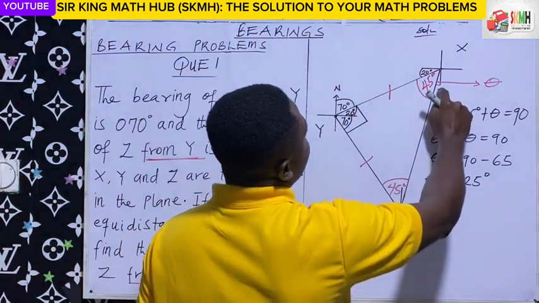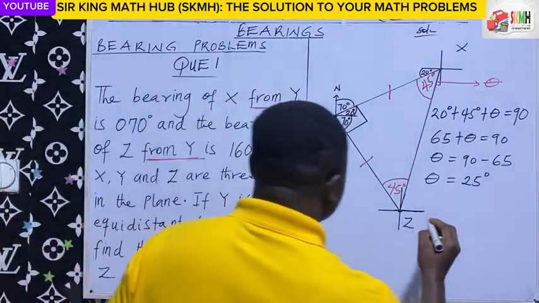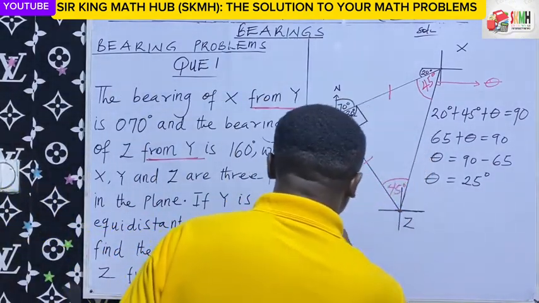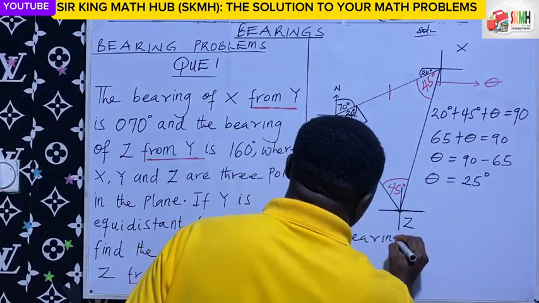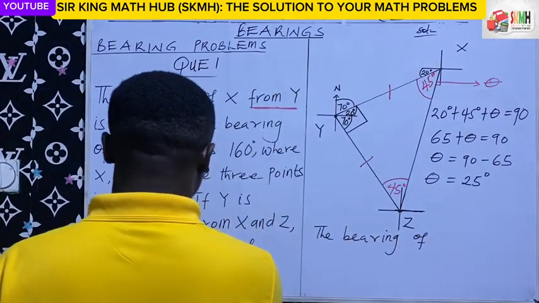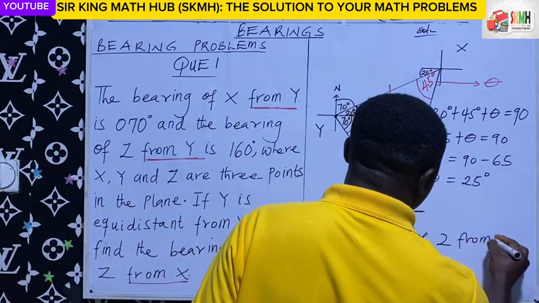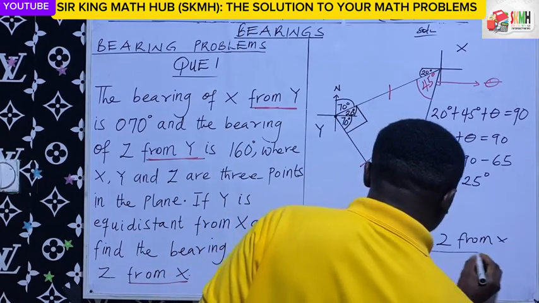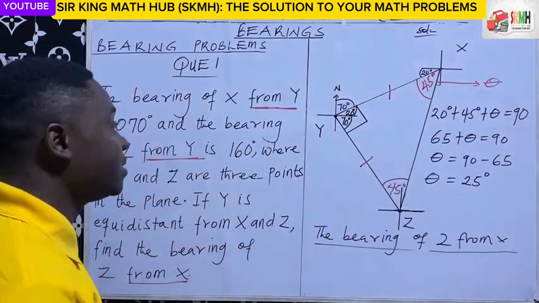Now that we know the value of theta, we should be able to calculate the bearing of Z from X. So how do we do that? How do we measure the bearing of Z from X?